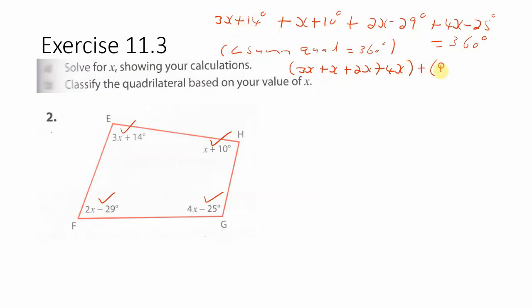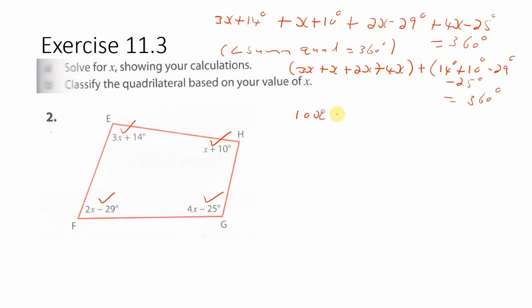So we have 14 degrees plus 10 degrees minus 29 degrees minus 25 degrees equals 360 degrees. So if we add all our like terms for x's, we have 3x plus another x is 4x plus 2x is 6x plus another 4x.